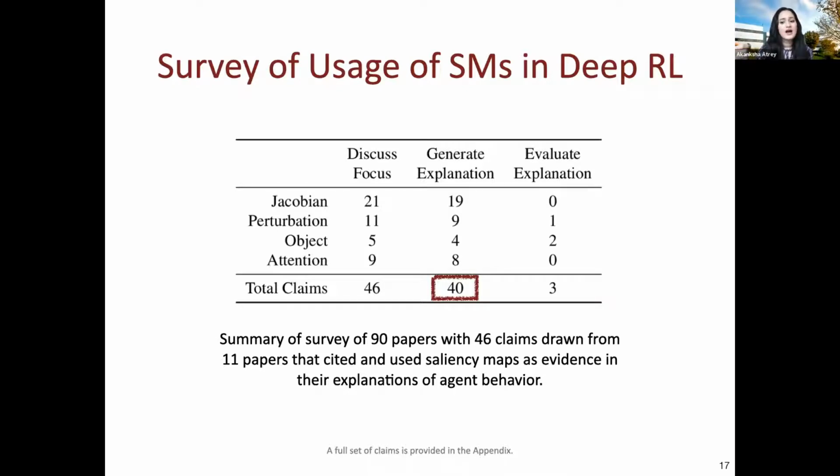And that is a possible learned representation. But we don't know if that's true. However, only 3 of these claims are actually accompanied by additional experimental evidence, such as intervening on tunnel location. So out of 46, only 3 of them actually experimentally evaluate.